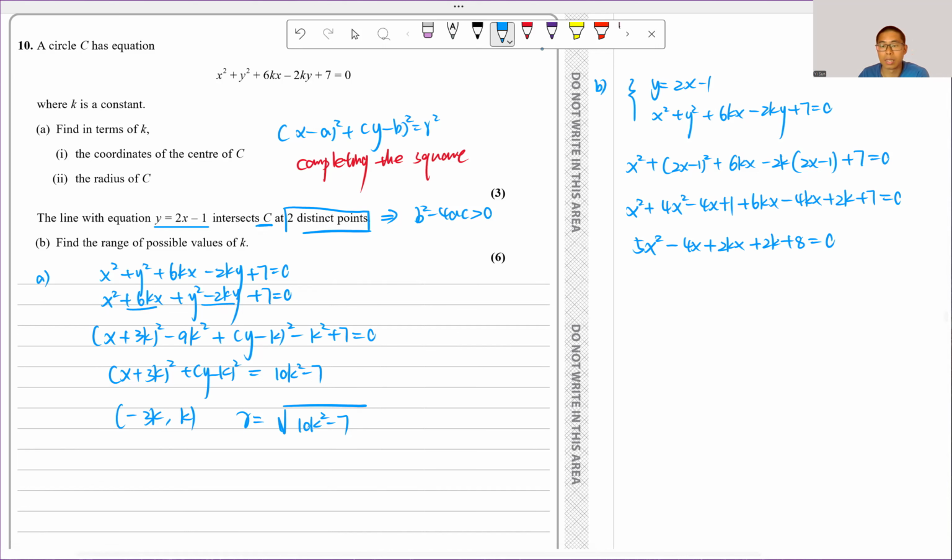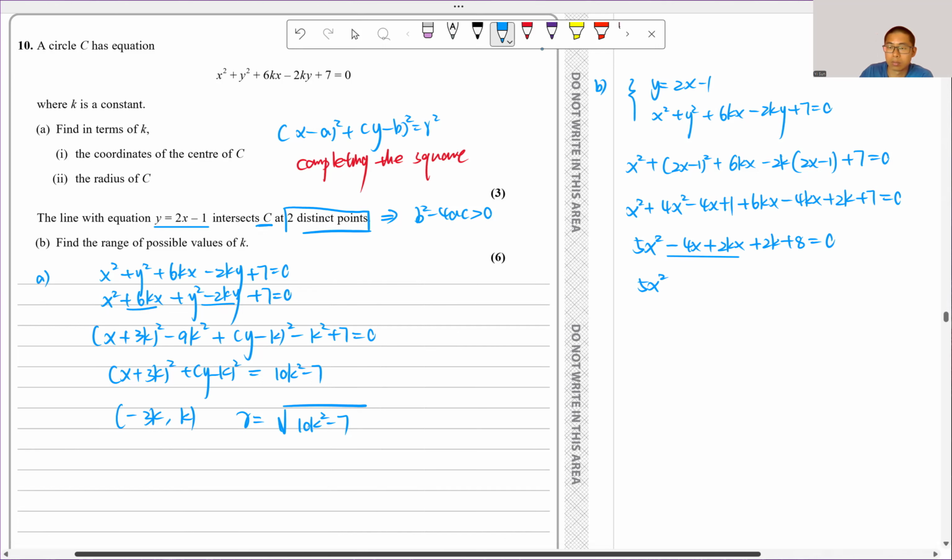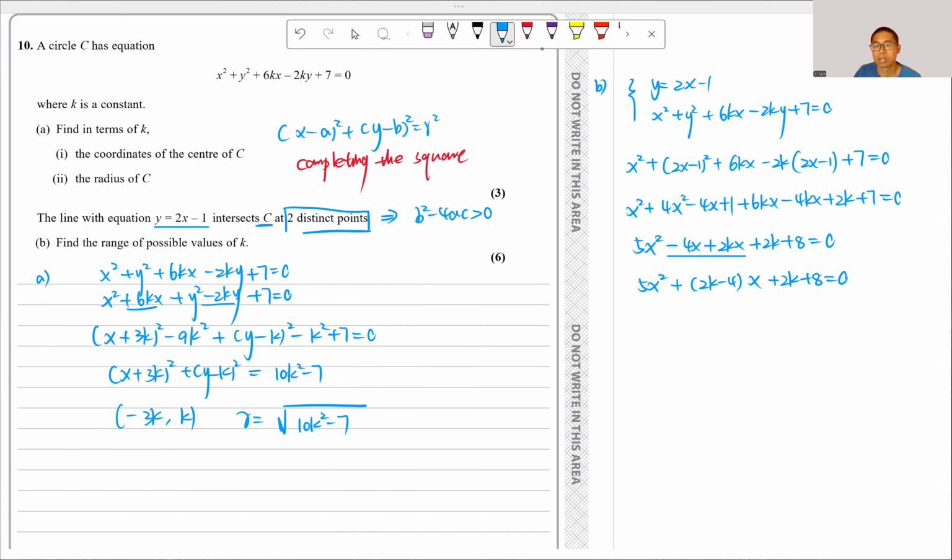So now we get this quadratic. We can factorize out x for these two terms, because we want one x² term, one x term, and a constant term. So it will be 5x² + (2k − 4)x + (2k + 8) = 0. Now it's very easy to see which is a, b, and c.